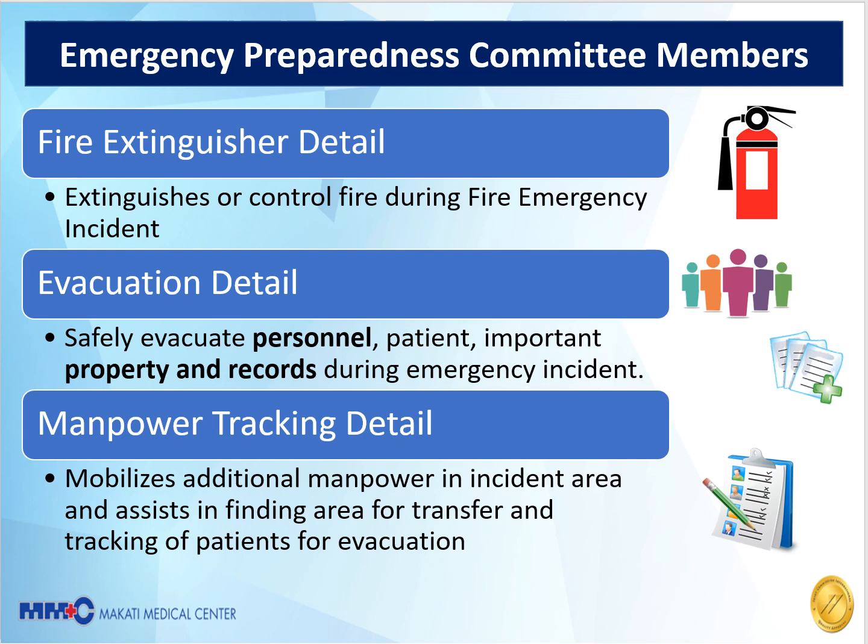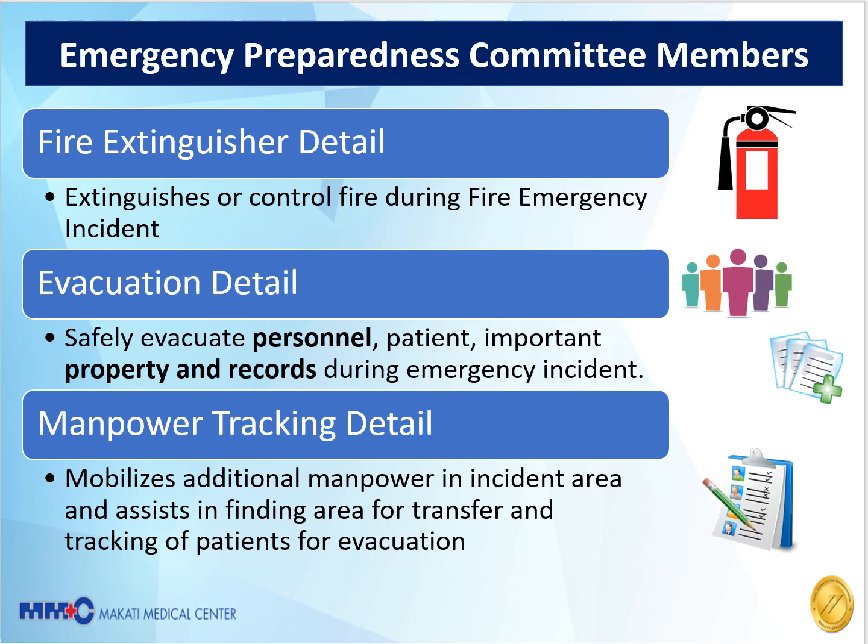The evacuation detail safely evacuates personnel, patients, important property and records during an emergency incident. This is further divided into two, which is the personnel evacuation detail and the property and records evacuation detail.